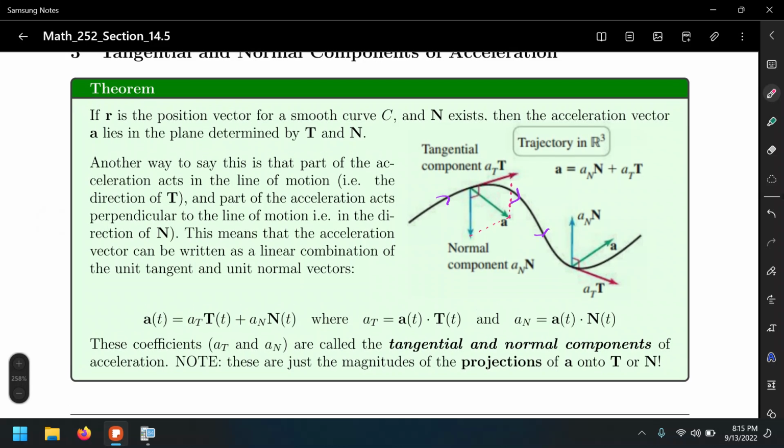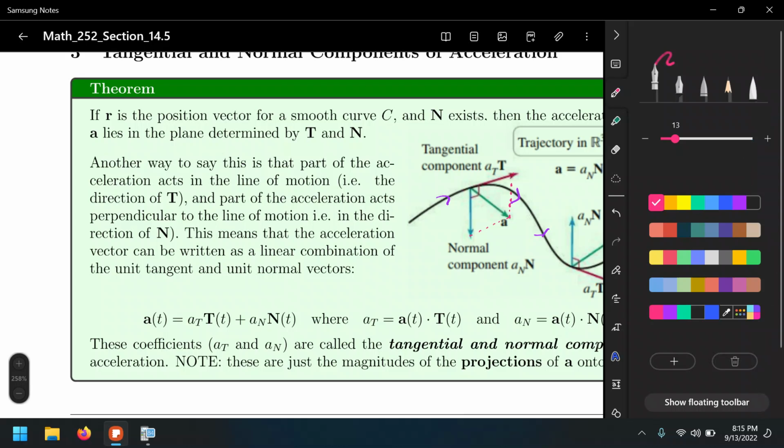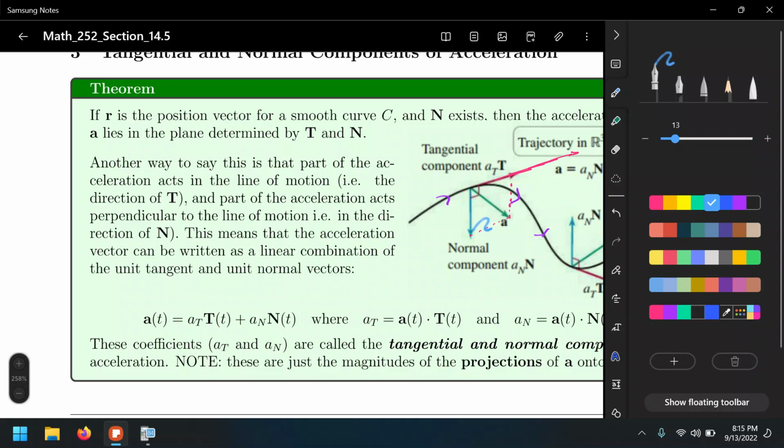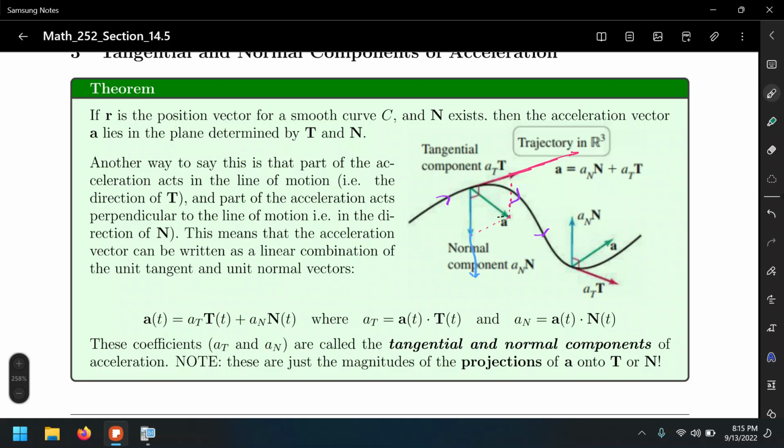In other words, this AT that we are going to find here is the projection of the acceleration vector onto the tangential, and the projection of the acceleration vector onto the normal component. Think of this vector going forever, right? We don't know what this is. But in this case, we just care about the projection of this vector, the length of this vector. That's going to be the normal component, and this would be the tangential component.